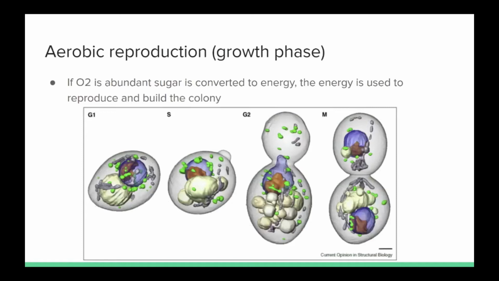It's a process that's aerobic, meaning that it needs oxygen. So if O2 is abundant and everything else is in line, it will go into this reproduction growth phase. Sugar is converted to energy, and then it uses that energy to reproduce and build the colony up.